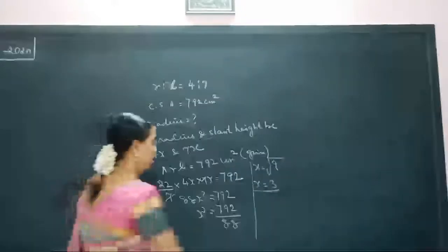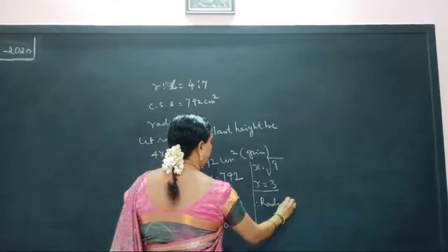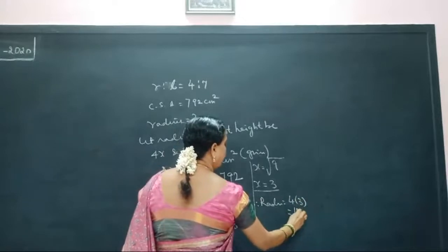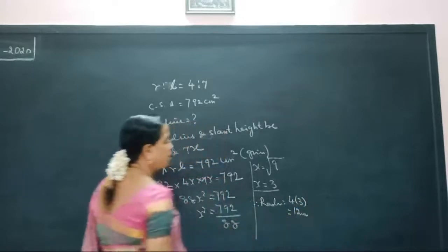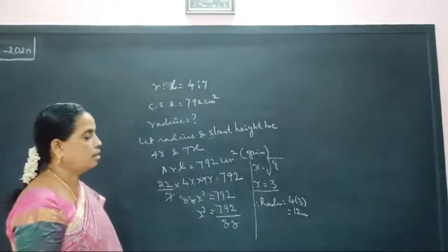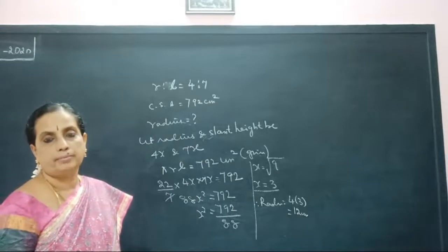Clear? Therefore, radius equals 4 into 3, 12 centimeter. Suppose if they ask slant height, L is 7 into 3, 21 centimeter. Is it clear?